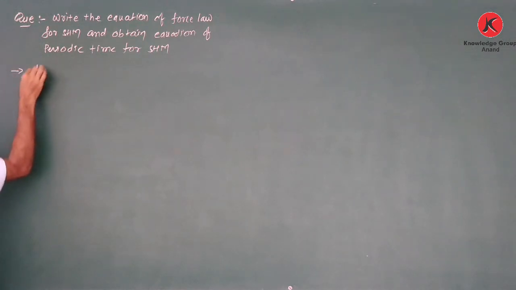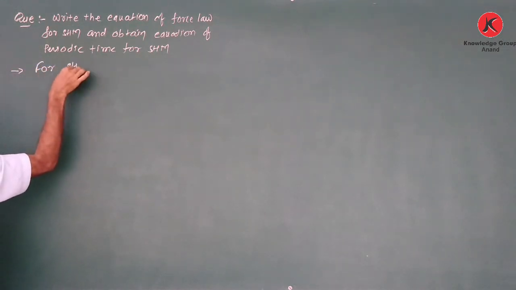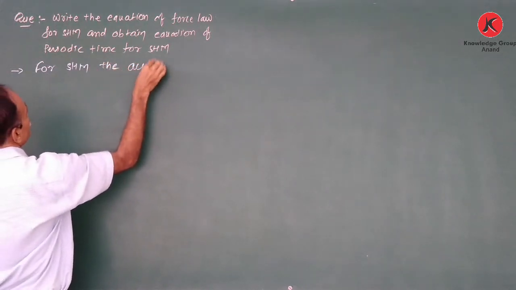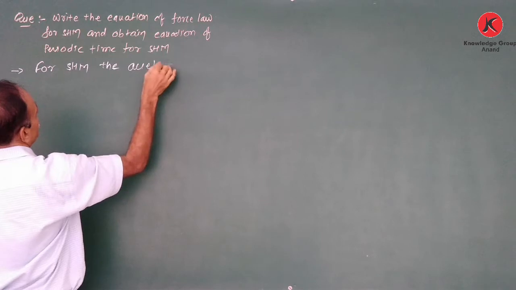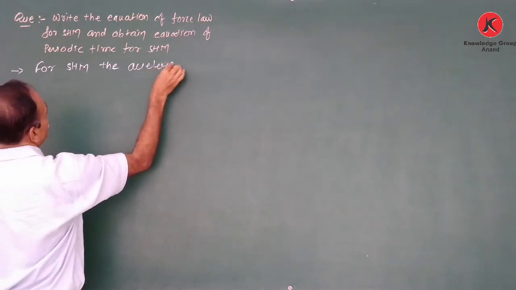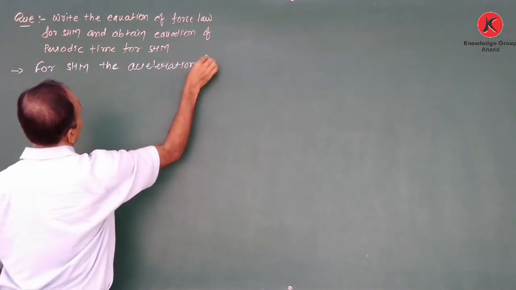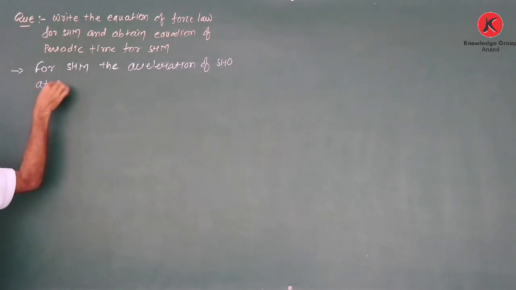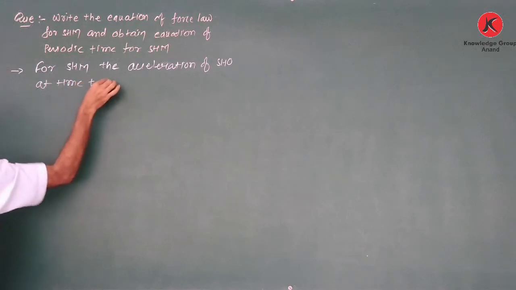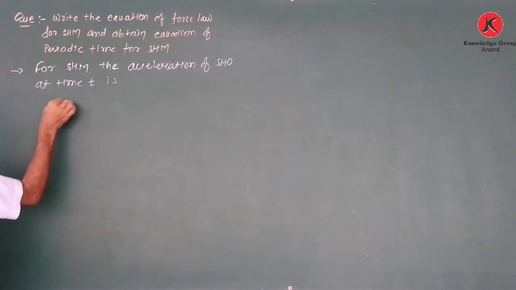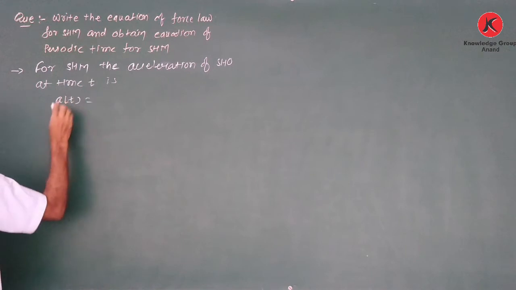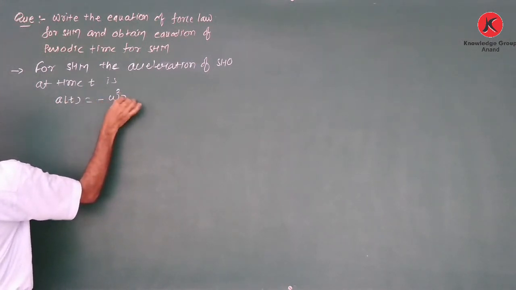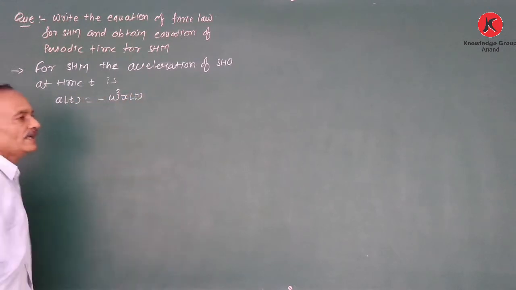Now for a simple harmonic motion, the acceleration of a simple harmonic oscillator at time t, that is the acceleration at time t, is equal to minus ω² x(t). Minus ω² x.